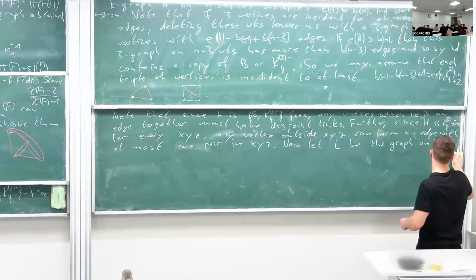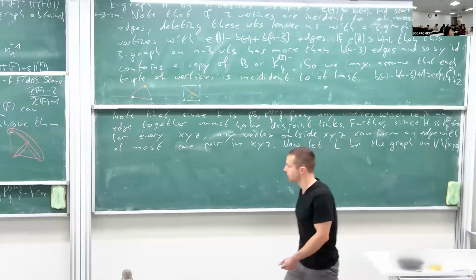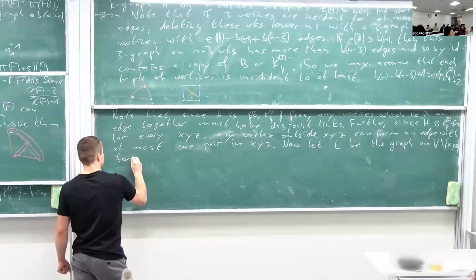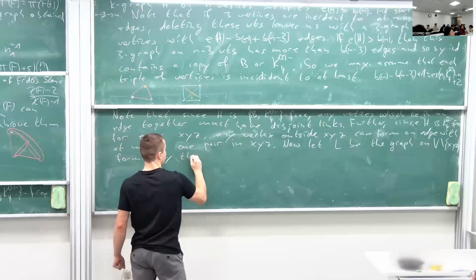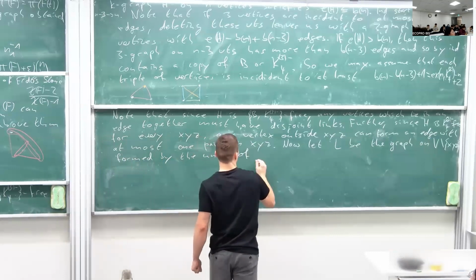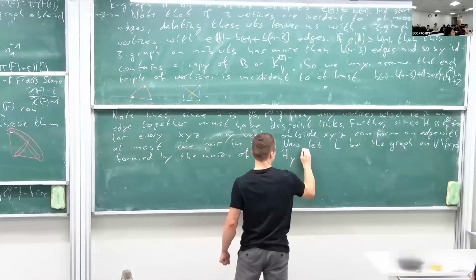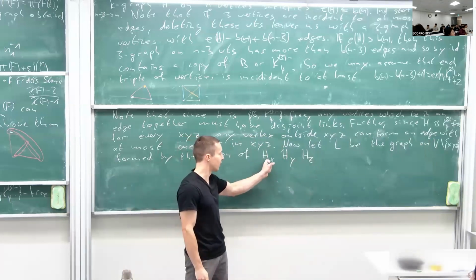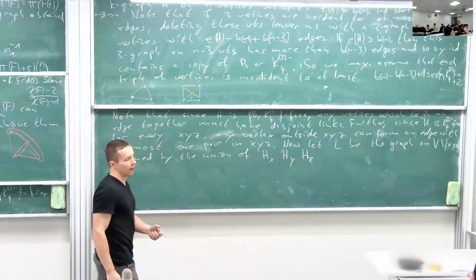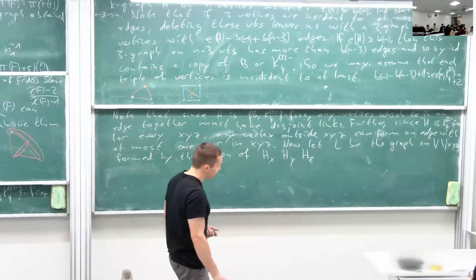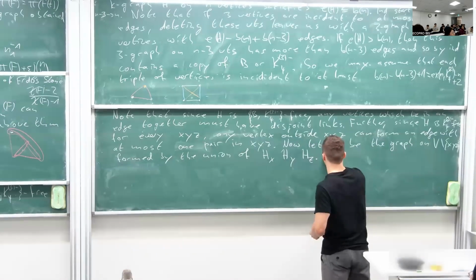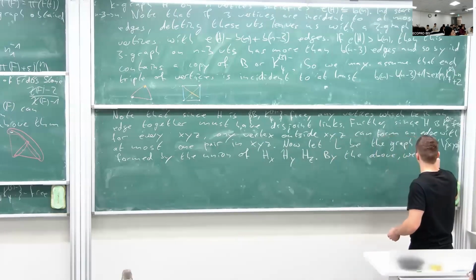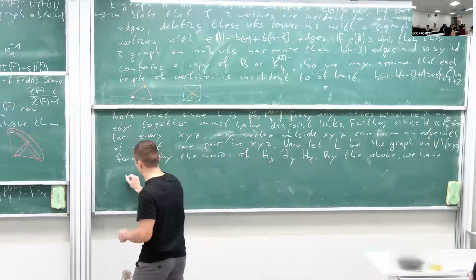We take some edge x, y, z, and L is formed by the union of H_x, H_y, and H_z, the links of the vertices x, y, and z in H. By the above, we want to count the number of edges in this L.